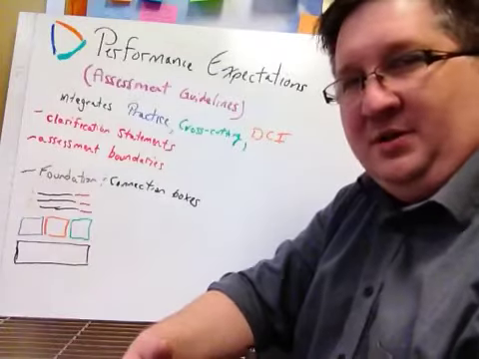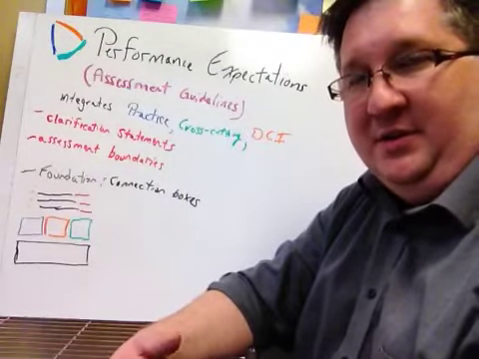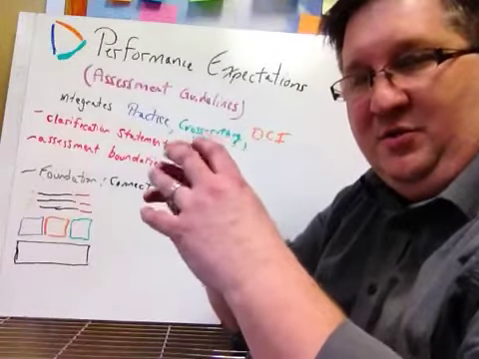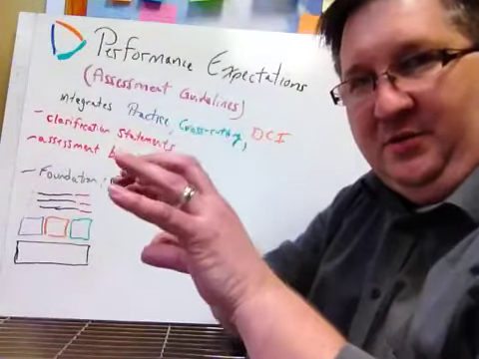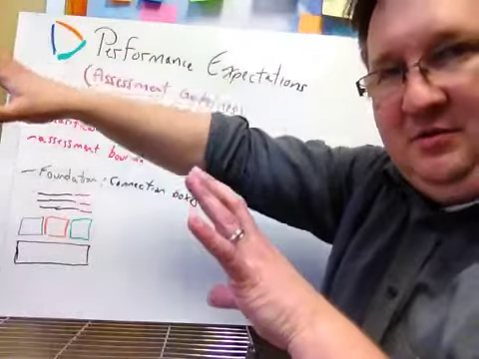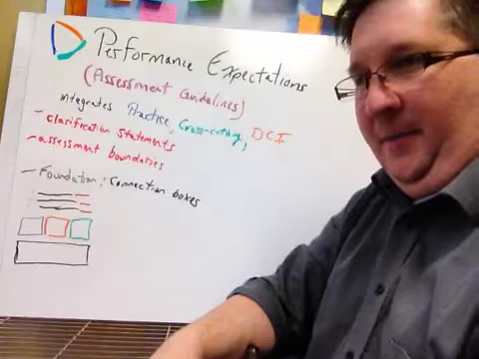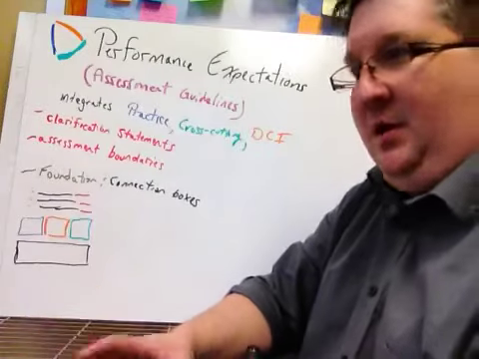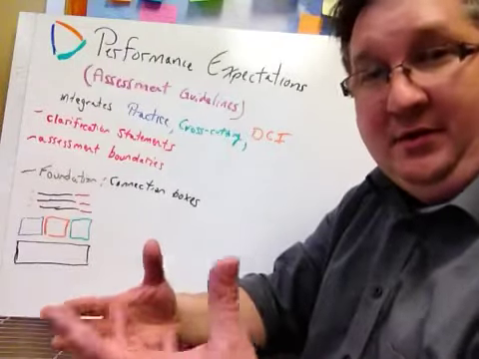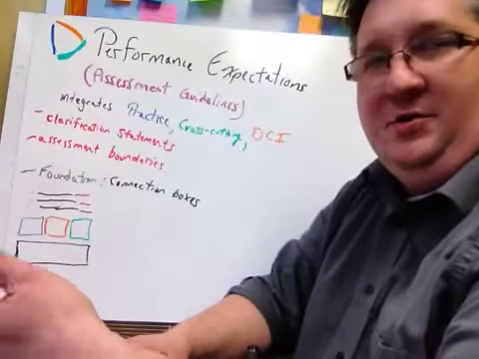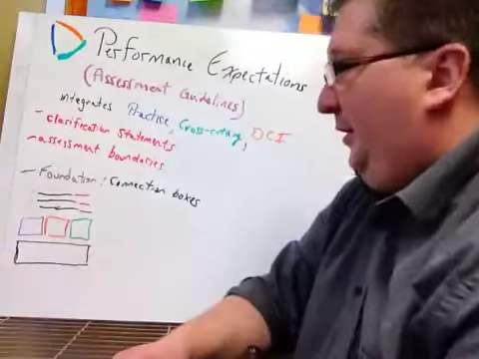So many of the performance expectations will include an assessment boundary that says, you should be thinking about students being able to know and be able to do these types of things, but not going to this certain level. For example, it may be in an upper elementary class, students are thinking about things qualitatively, but not necessarily putting a mathematical equation to it. That'll be something that's developed later.